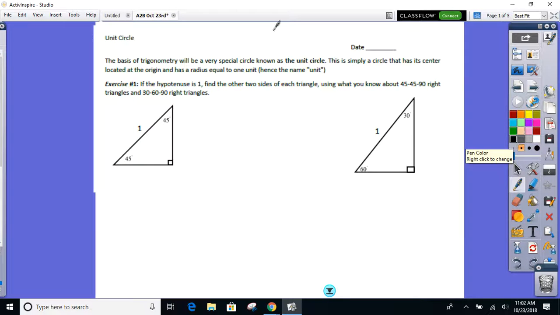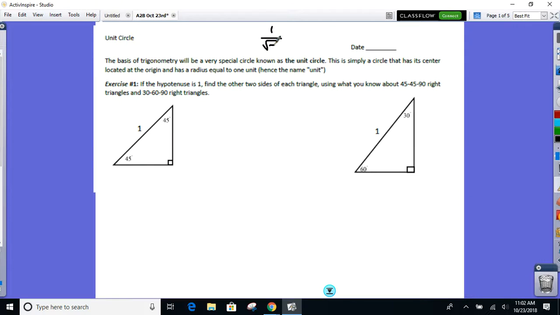If I had the hypotenuse, I needed to divide by radical 2, to get the radical 2 out of there. We all remember that glorious stuff, correct? Well, I'll do it for you. Across from the 45s is radical 2 over 2. And what's across from the other 45 then? Same thing, radical 2 over 2. Okay?